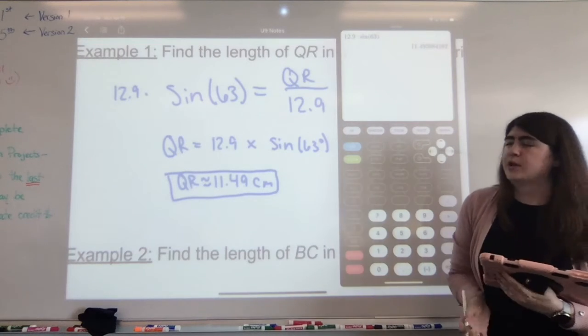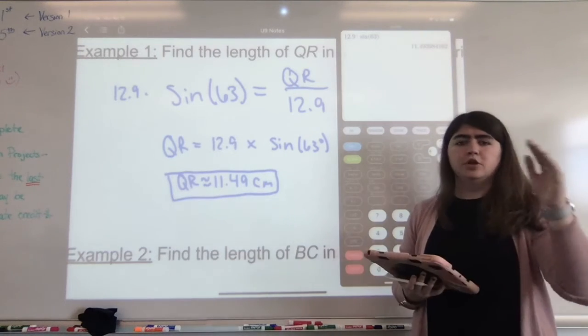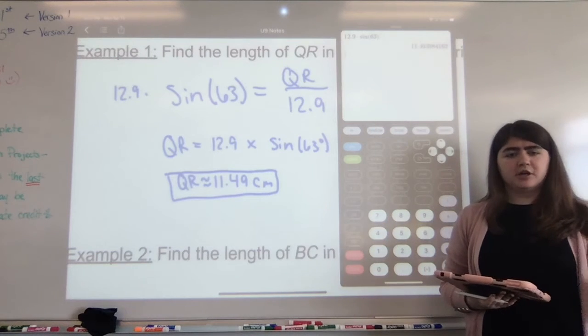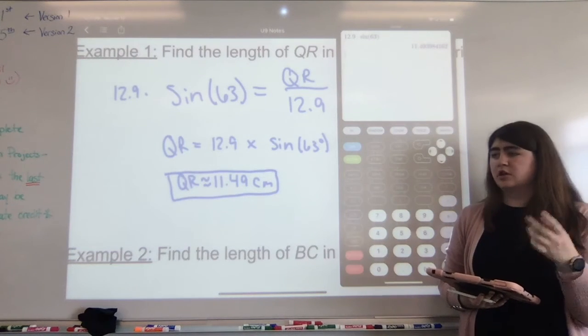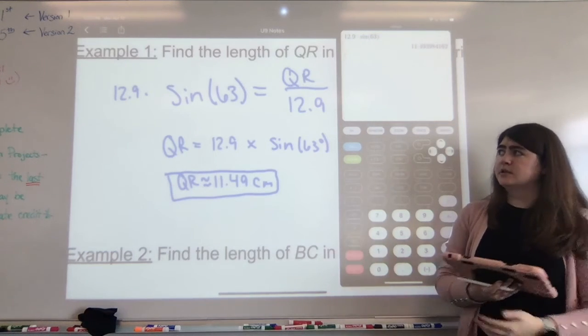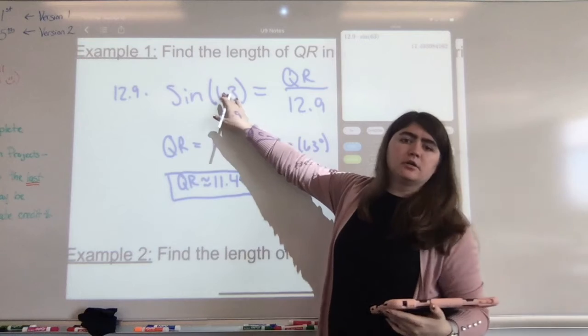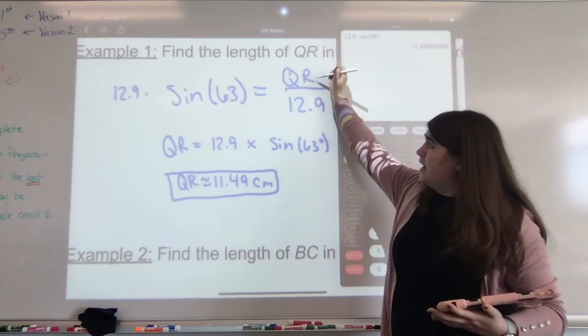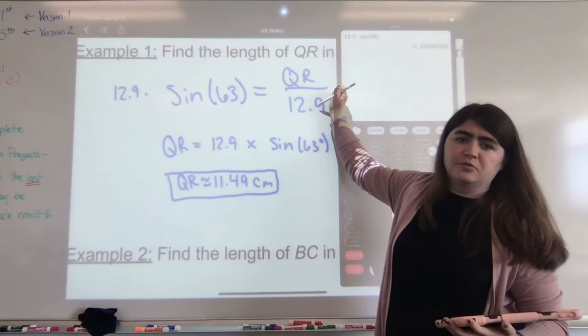All right, so to reiterate, we looked at what we had, we looked at what we were trying to solve. We figured out which trig function used those pieces. Then we plugged it into our formula. The sine of some angle in degrees is equal to the opposite side over the hypotenuse.